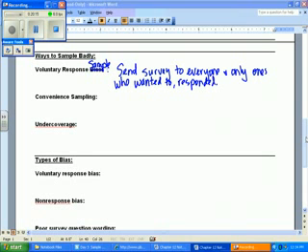Okay? Then what has happened is your sample is a voluntary response sample. It's those who volunteered. What could be potentially wrong with that? Okay, all dedicated people. Okay.